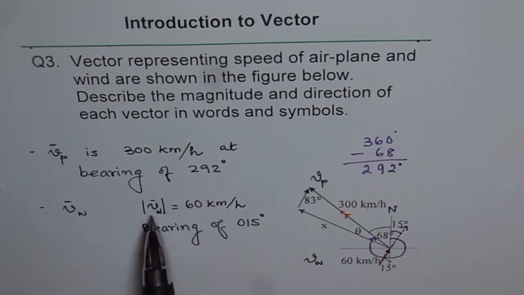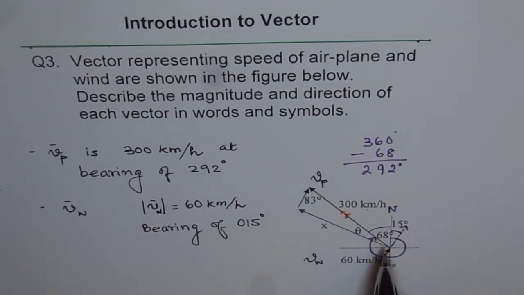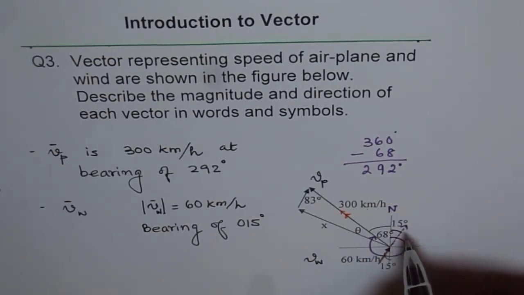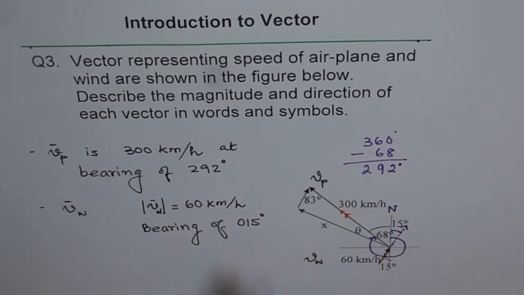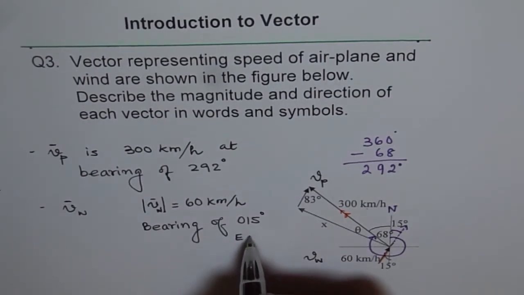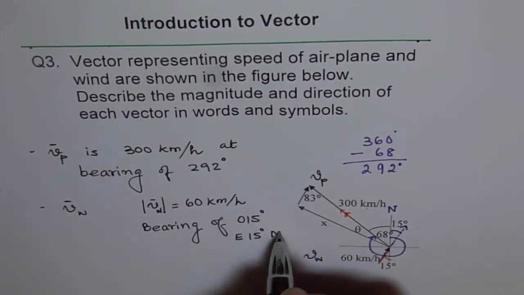Here I'm using symbols. The angle could also be given in terms of how much it is from north or from east. We can say this angle is 15 degrees east of north. So we could also write this angle as east 15 degrees north.